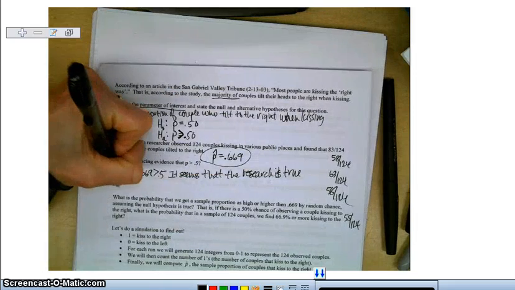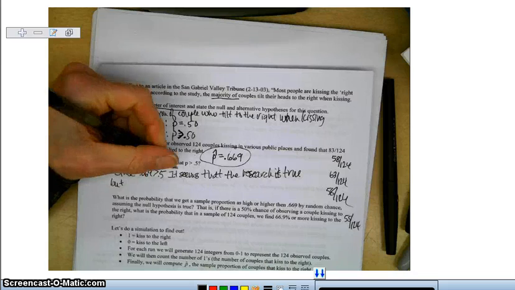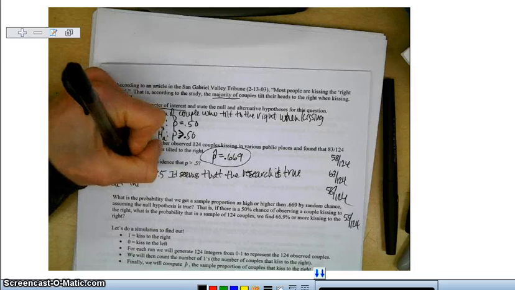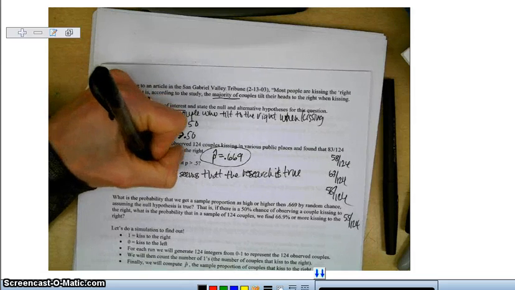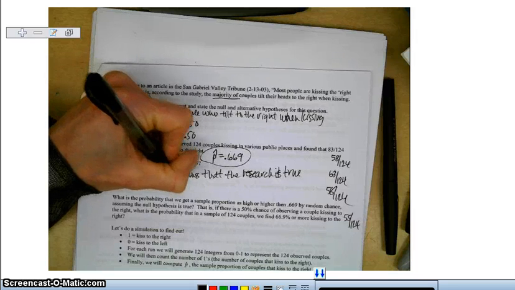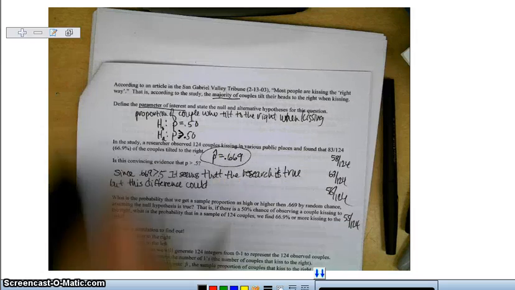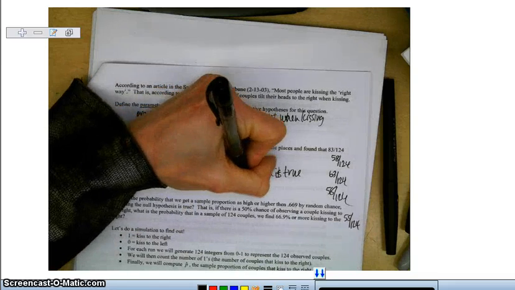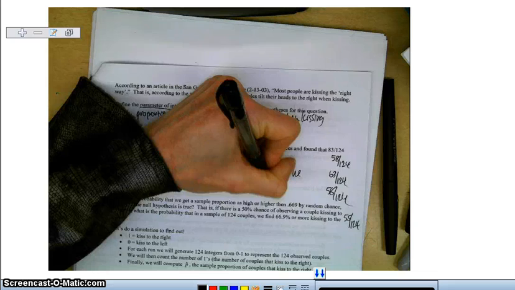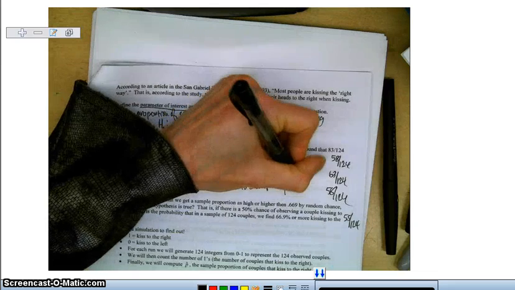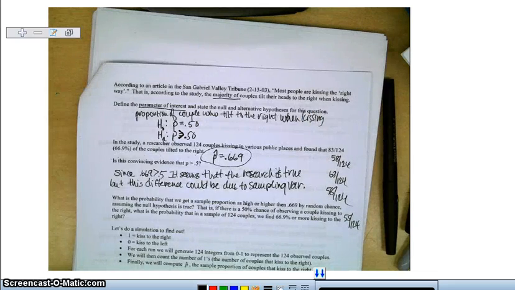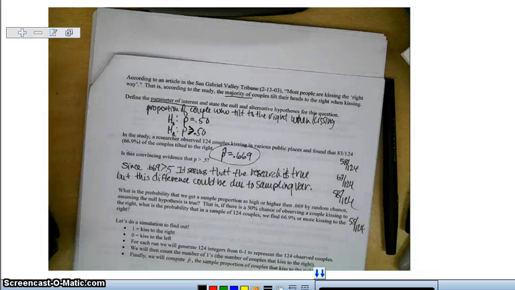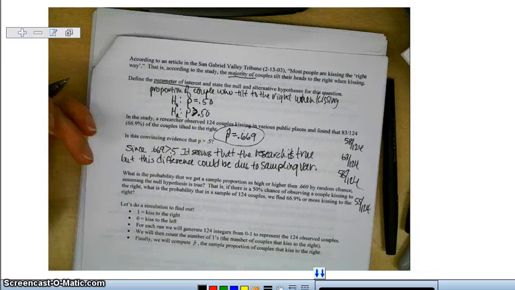But this difference could be due to sampling variability. So what I'm going to do is a hypothesis test. And actually, we're just going to do a simulation here. We're not going to do a formal hypothesis test today.